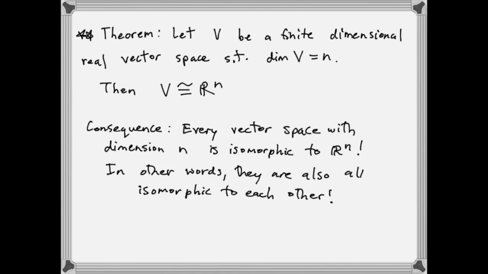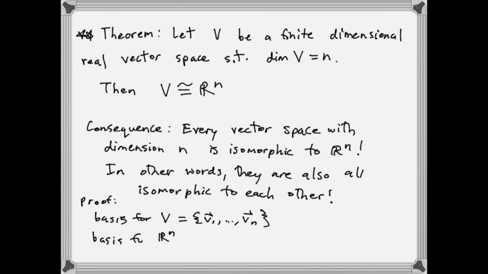Okay, so how would you prove this? It's actually quite simple, okay? Let's suppose that a basis for V is V1 to Vn, and we already know what a basis for Rn is. The standard basis, E1 to En.